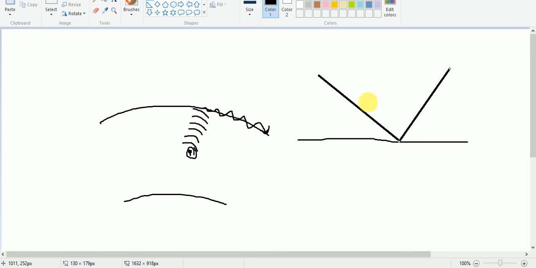This is what we call reflection, and this is called refraction. Just for explanation.